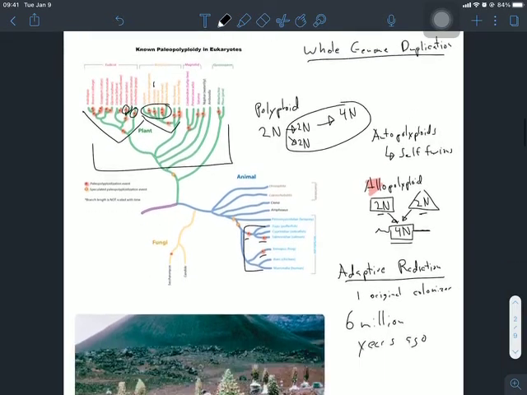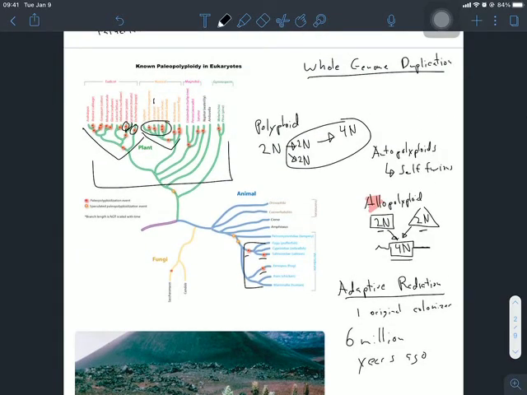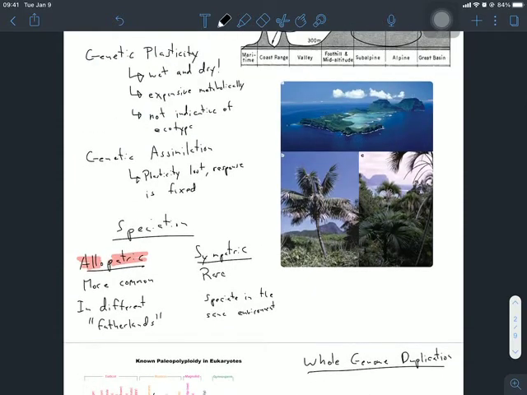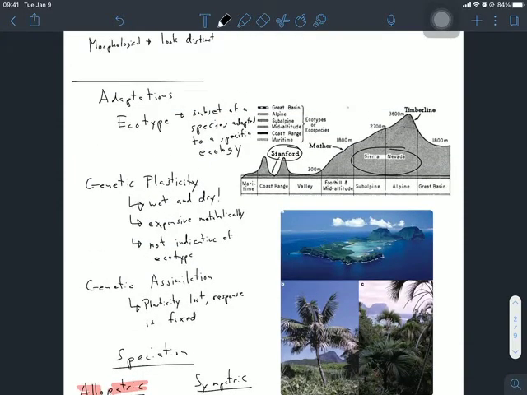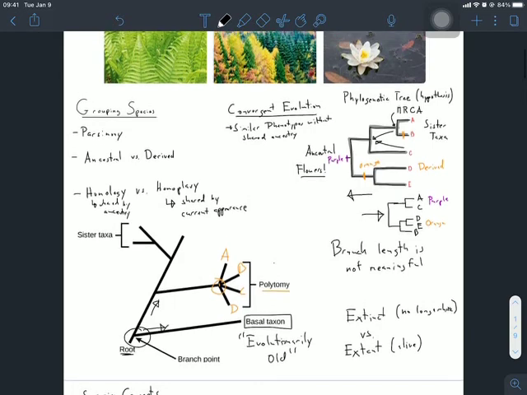We've got a good understanding of our different terms, different drivers of evolution, whether they be whole genome duplications or adaptive radiations, or allopatric or sympatric speciation, the underlying population effects, like ecotypes that are assimilated to an environment, or a broadly adapted species that is plastic based on the environment, how we define our species, and most importantly, how we draw our phylogenetic trees.